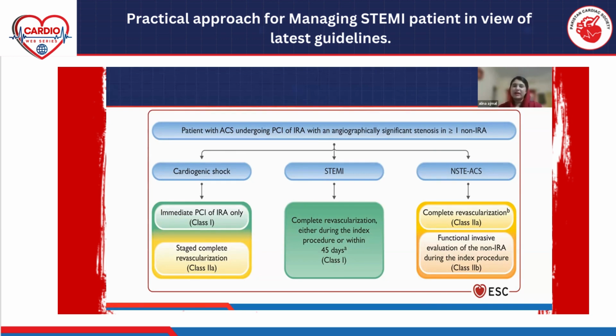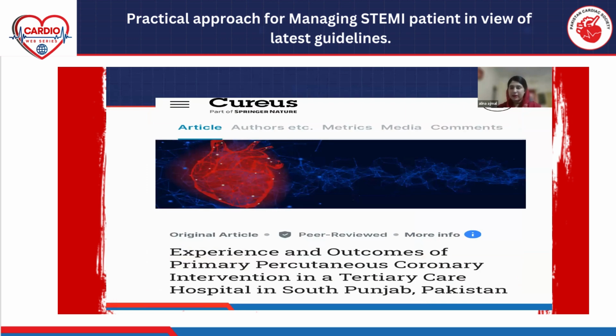It doesn't mean that you can leave the revascularization. You have to do it. You plan for it. This is class 2. But if the patient is hemodynamically stable, complete revascularization is suggested during the index procedure or within 45 days. This is class 1.